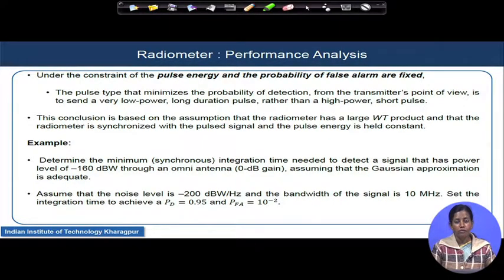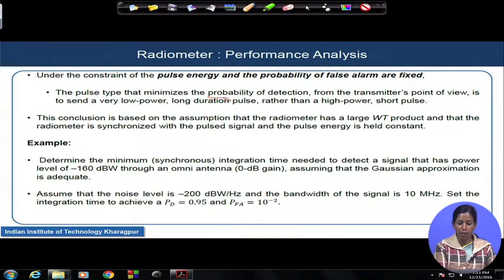Under the constraint that the pulse energy and the probability of false alarm are fixed, the pulse type that will help you maximize the probability of detection, which is the interesting part from the transmitter's point of view, is sending very low power and long duration pulses, not high power and short pulses.